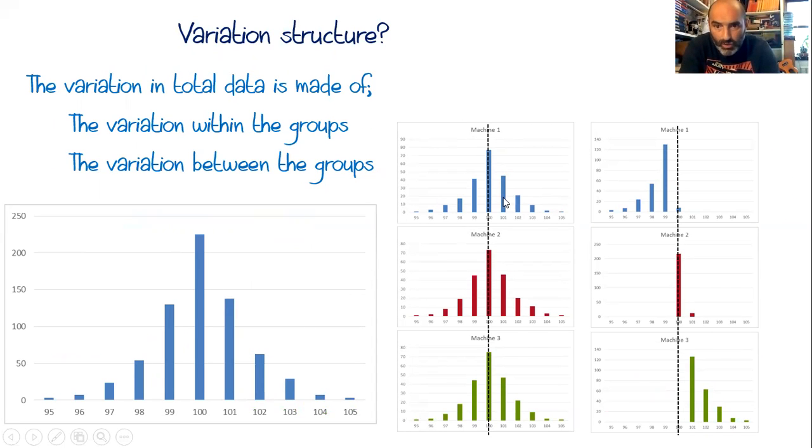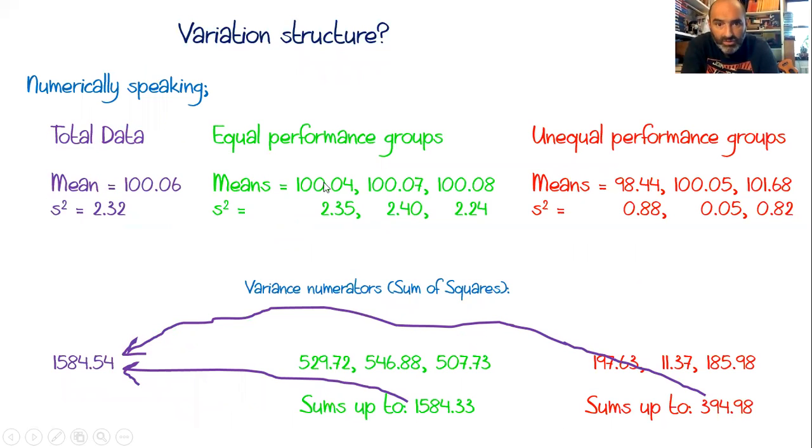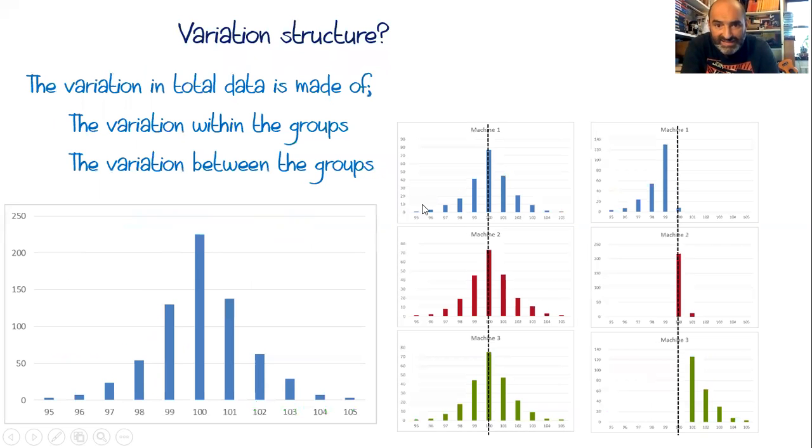Okay, this is machine one, right? If you have 95, it's not a 95 anymore. It's a 100.04. These 96s are not 96s anymore. They're 100.04s, 100.04s, 100.04s.